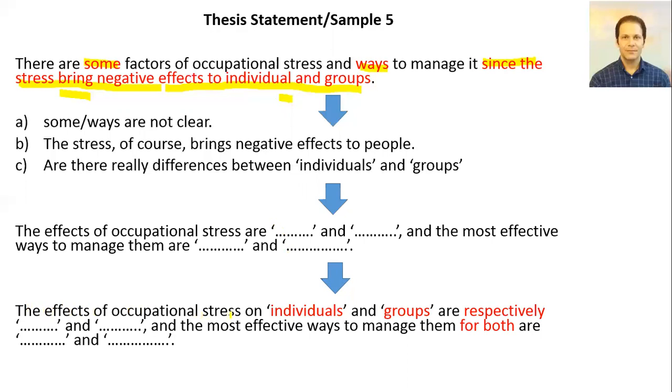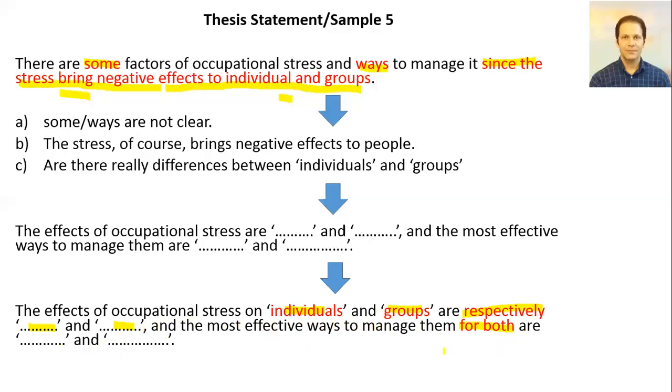"The effects of occupational stress on individuals and groups are, respectively, A and B." Again, you know the word "respectively," meaning that the first one here is related to the first one mentioned here, and B, the second effect, is related to groups. And for the most effective ways to manage them, if we have different ways to manage stress for individuals and groups, then again we can mention that here.